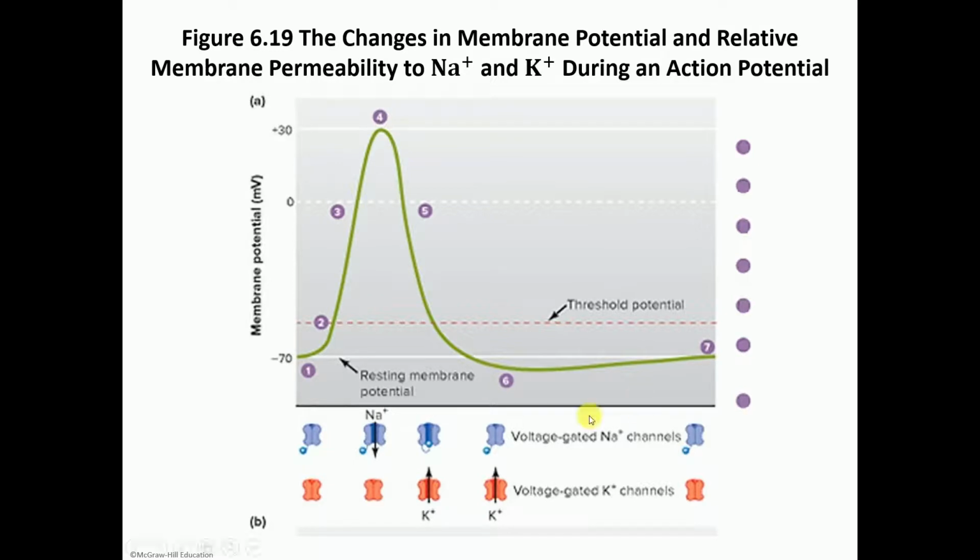Because of that, potassium will keep on leaking out of the cell, leading to this hyperpolarization area. Everything will go back to normal, so the cell will eventually go back to its resting membrane potential, where the sodium-potassium pump will pump the sodium back out and the potassium back in. For these phases, you want to know which channels are open and which channels are closed.